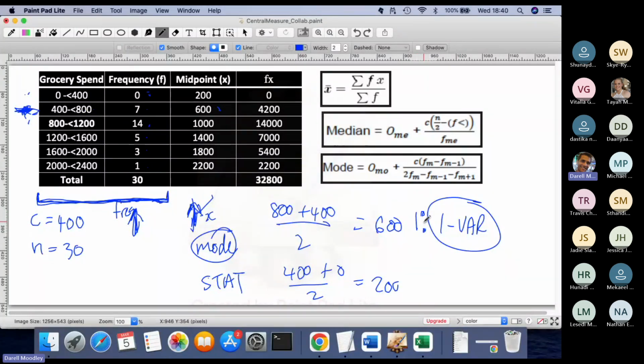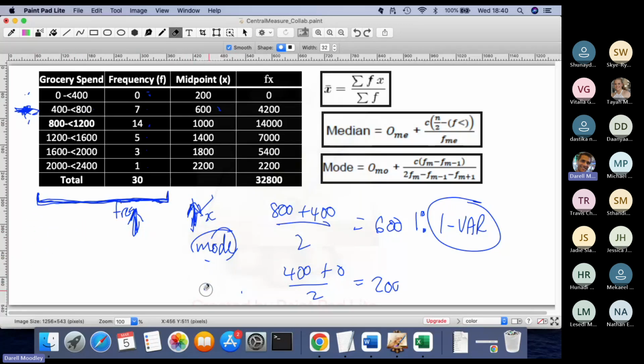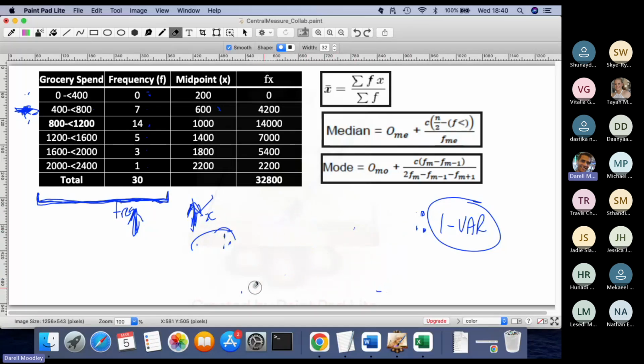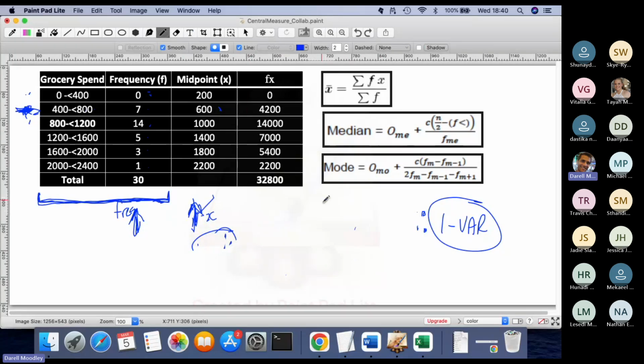How many of you don't have a frequency column? What I'm asking is, after you followed my instructions and pressed 1-var, all you see is just an X column. I want to know how many of you don't have the second column, which is frequency. You should have this. We need a column with X, and then the second column is frequency. How many of you don't have that? Give me a heads up in the chat.